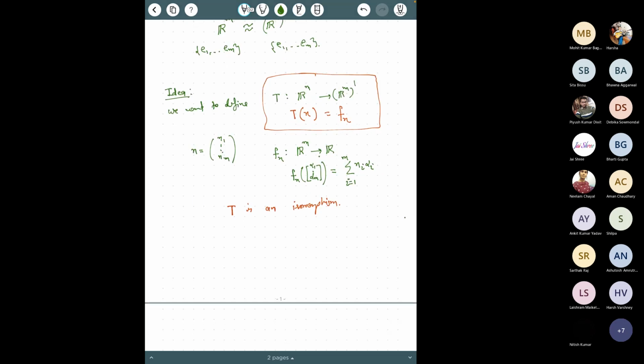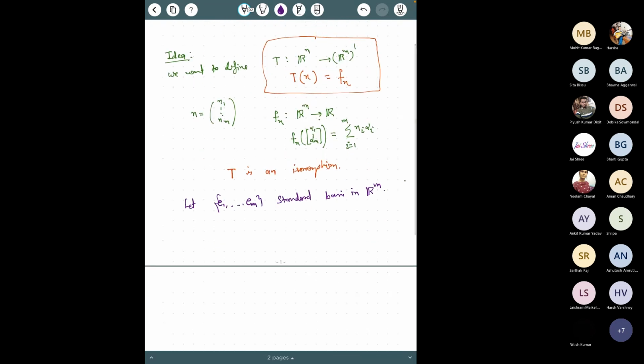Now let's say we take the standard basis E1 to Em. This is in Rm, right? This is a basis in Rm, so we can find its dual basis in Rm dash.